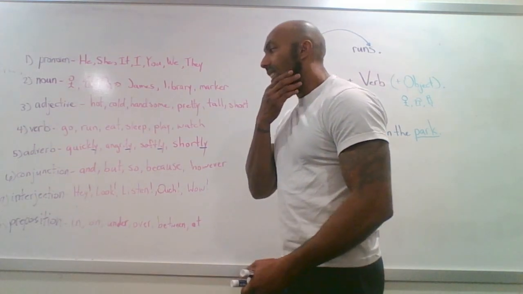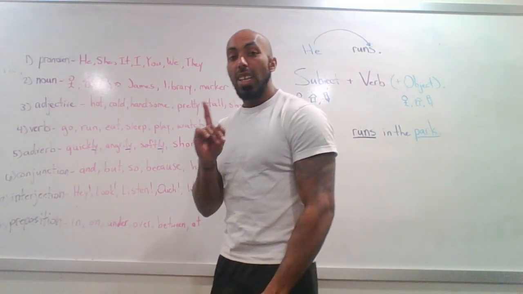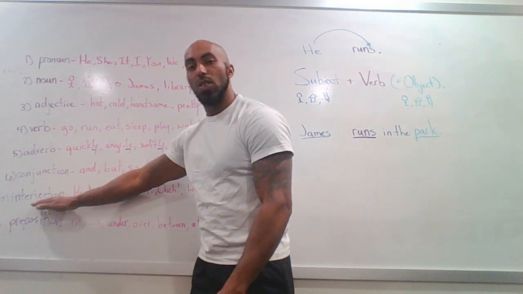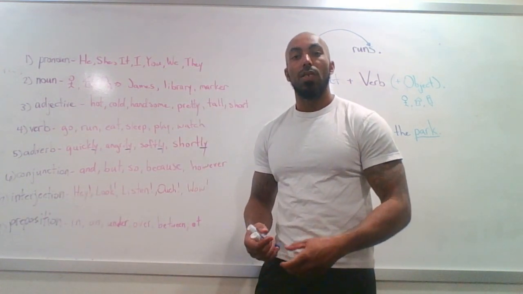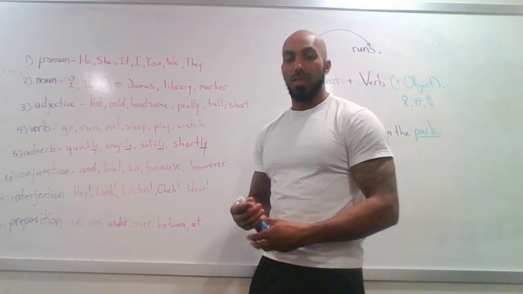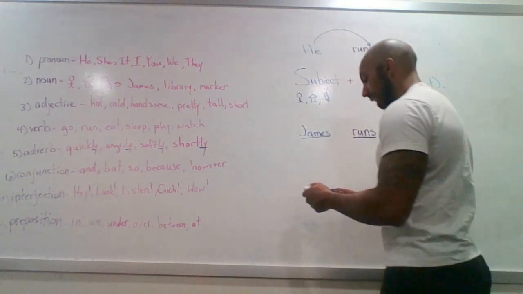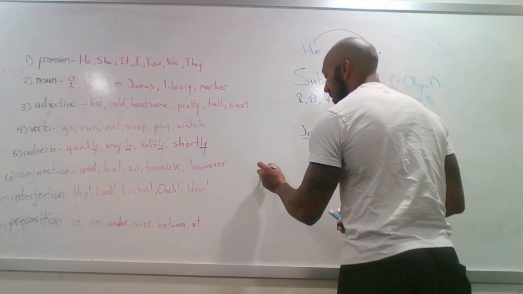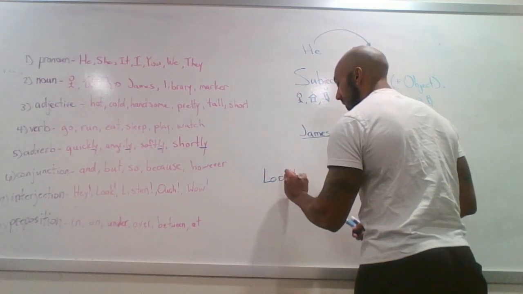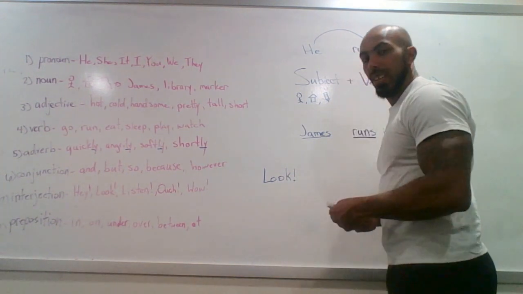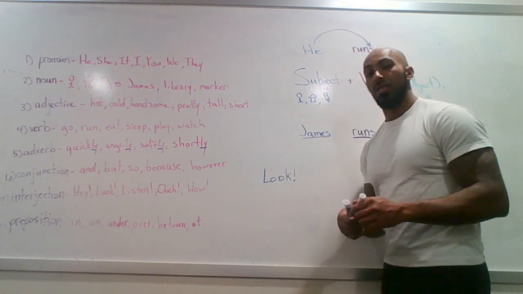Now, I already know that I can use the interjection first, because remember, an interjection is used to give a sentence emotion, okay? So I can say something like this. Look. Okay, now that's my interjection.